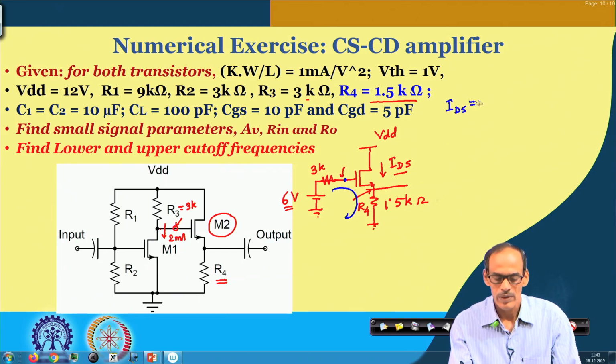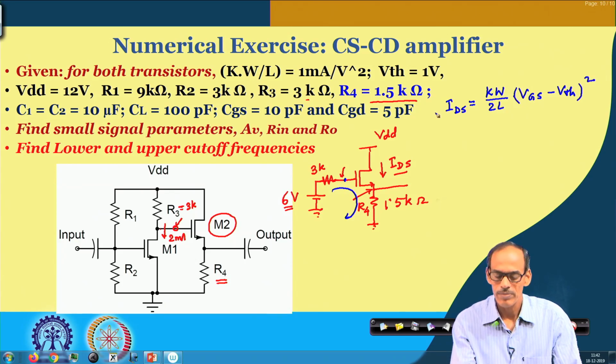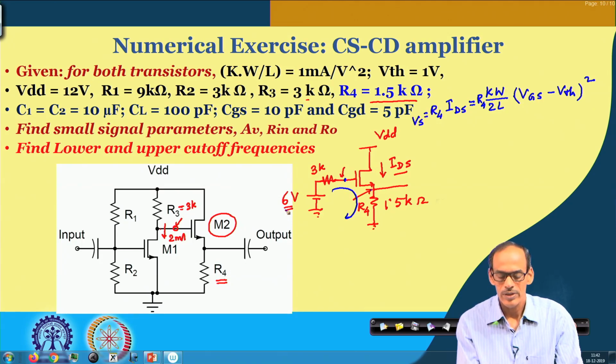So, we can say that IDS equals K W by L by 2 into VGS minus VTH square. And then if I multiply with R4, that gives us the source voltage. The gate voltage is 6 volt.